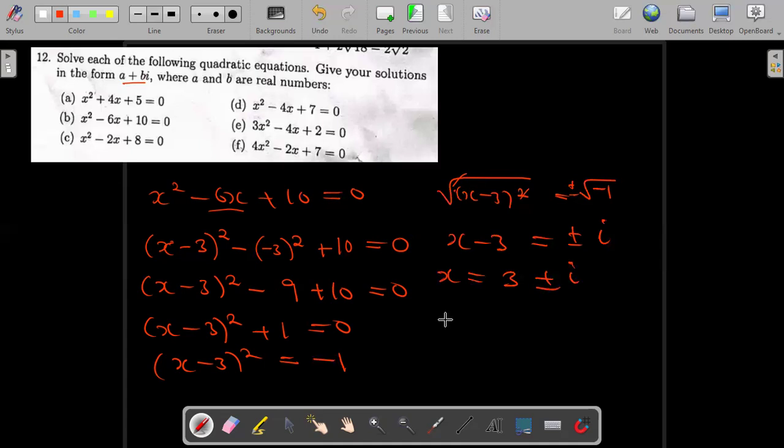And of course, your values are just 3 plus i, or you have 3 minus i, to be your solution. So that's how you get that, by completing the square. Is there any question on how to complete the square?